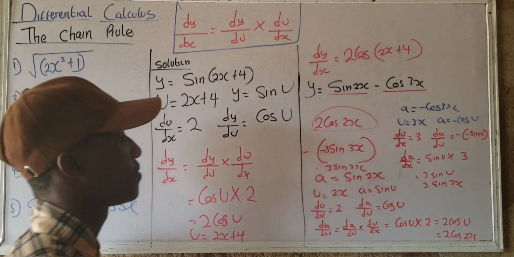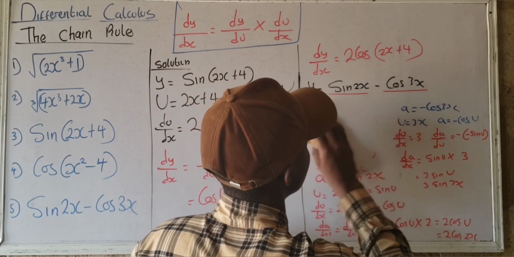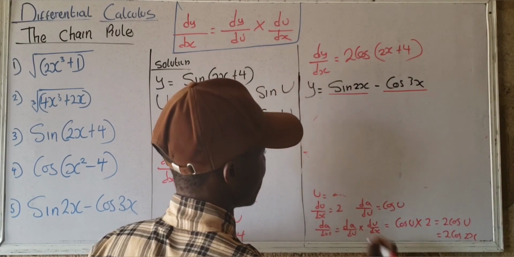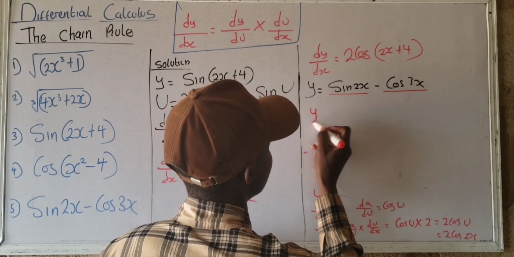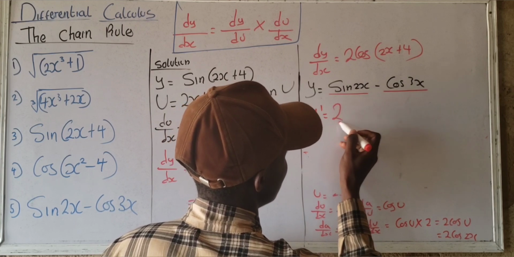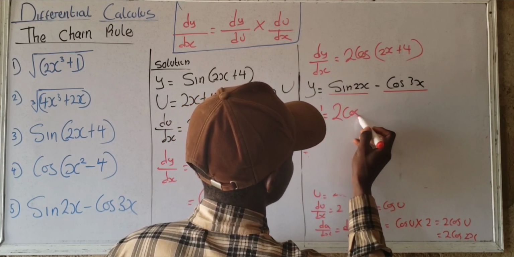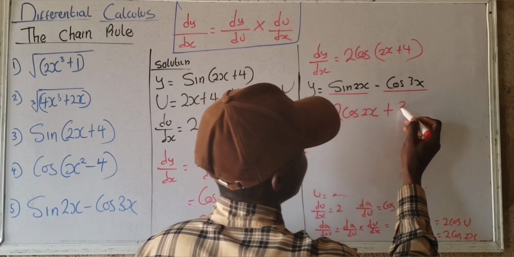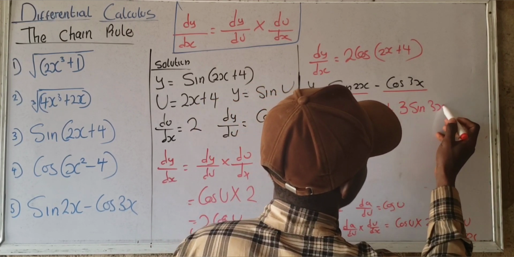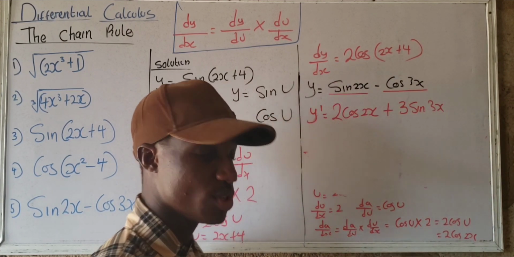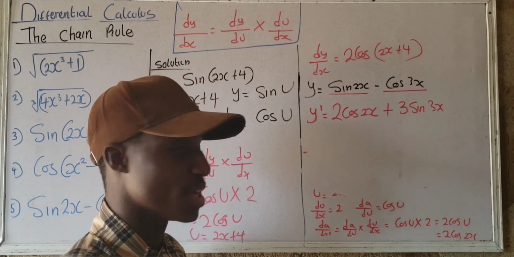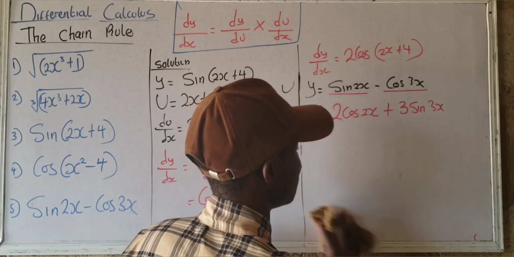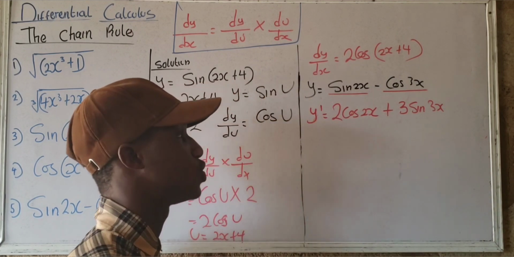So when I differentiate 2x, I got 2 cos 2x. The derivative of y is equal to 2 cos 2x plus 3 sine 3x, just like I've already showed you.